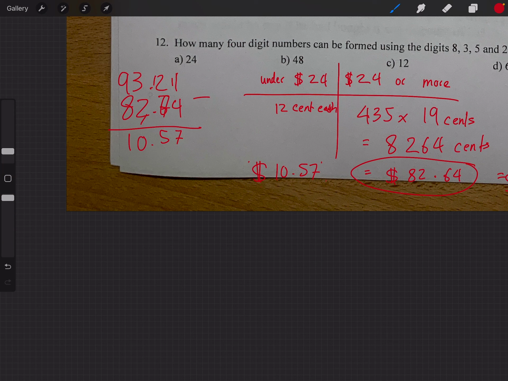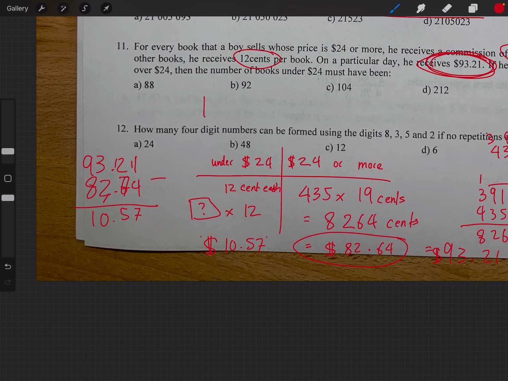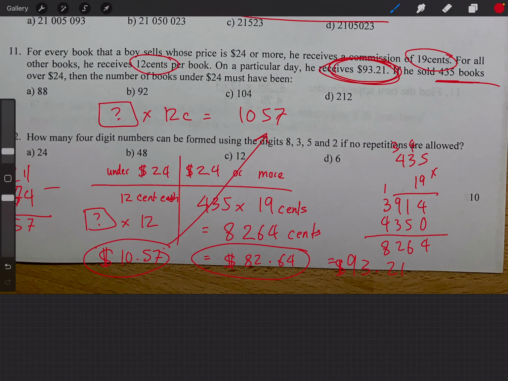So we need to know how many books he sold for 12 cents. Something times 12 cents is equal to 1057. I just changed this back into cents by multiplying by 100. So all you gotta do is 1057 divided by 12.